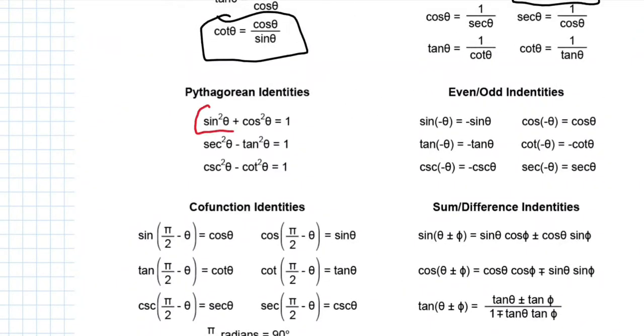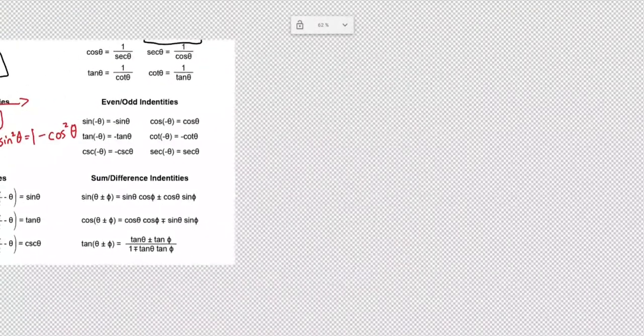Specifically right here. What we can do is move this cosine squared theta over to the right, and we can rewrite it as sine squared theta is equal to 1 minus cosine squared theta. All right? So let's make that substitution.